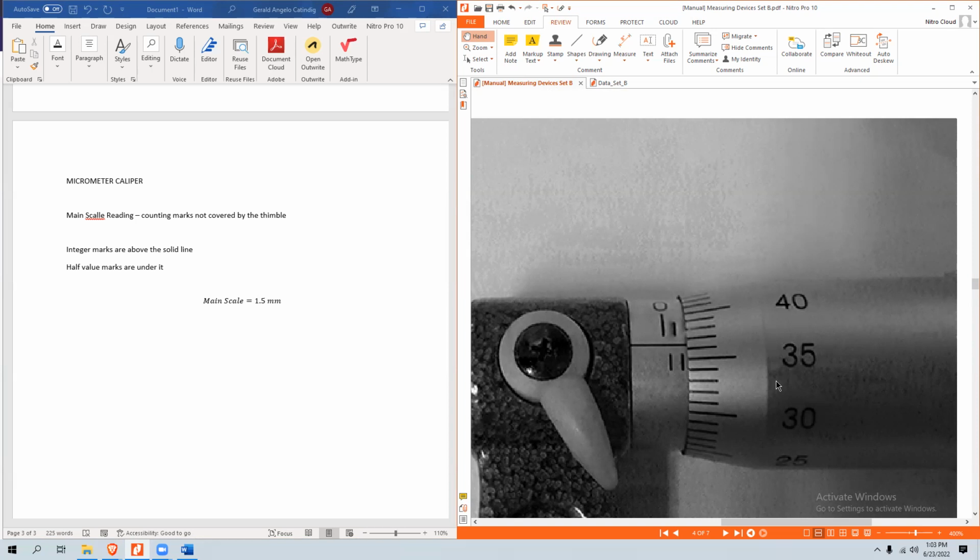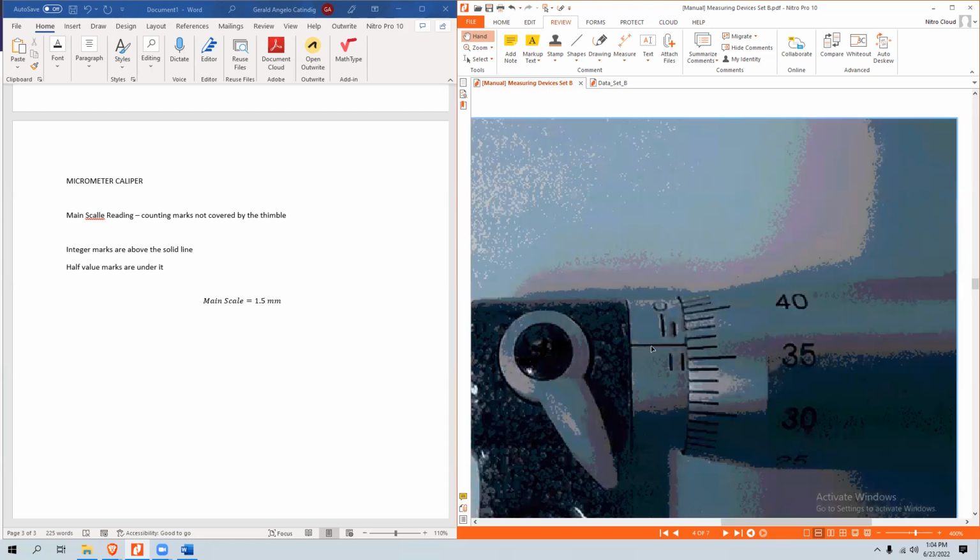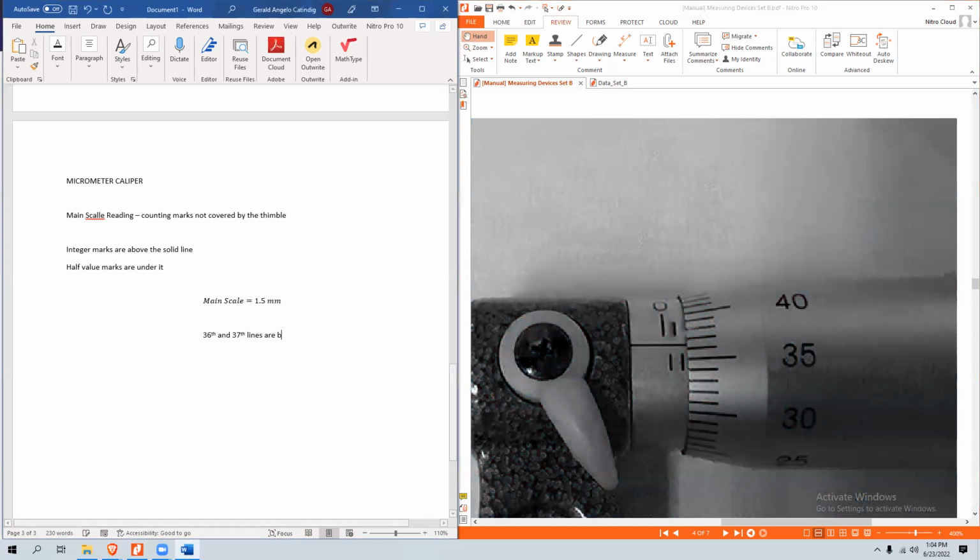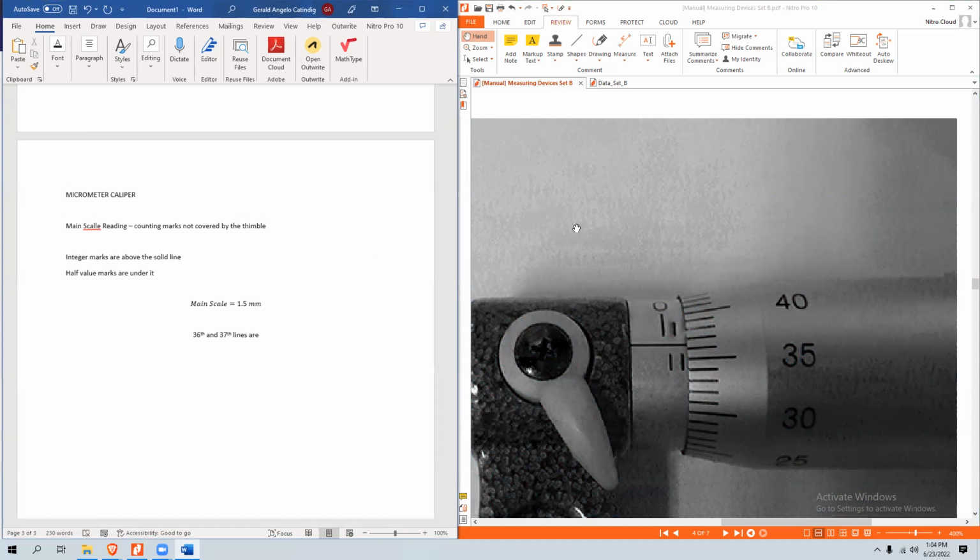So in this case, ang reference natin is this is 35th line. So in between the solid line are the 36th and 37th lines. So let's note that 36th and 37th lines are nearest to the solid line.